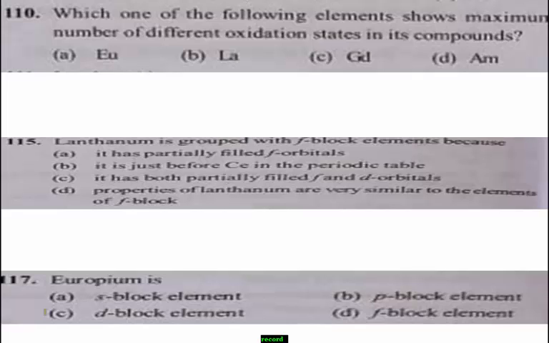Yes, students, which one is the right answer for this question? I think you also know lanthanides. La means lanthanum, Gd means gadolinium, shows +3 oxidation state, while option A, Eu means europium, shows oxidation states of +2 and +3, and option D, Am, shows +3, +4, +5 and +6 oxidation states.